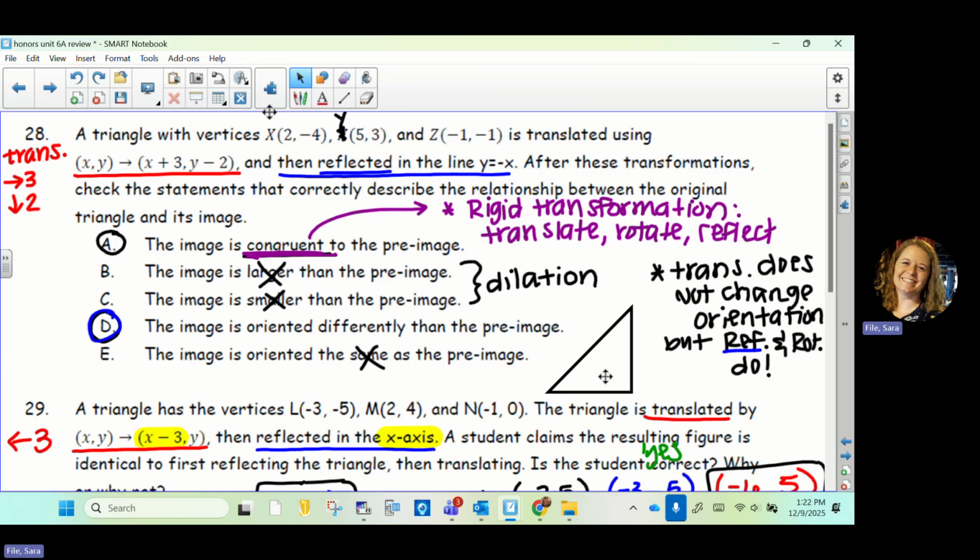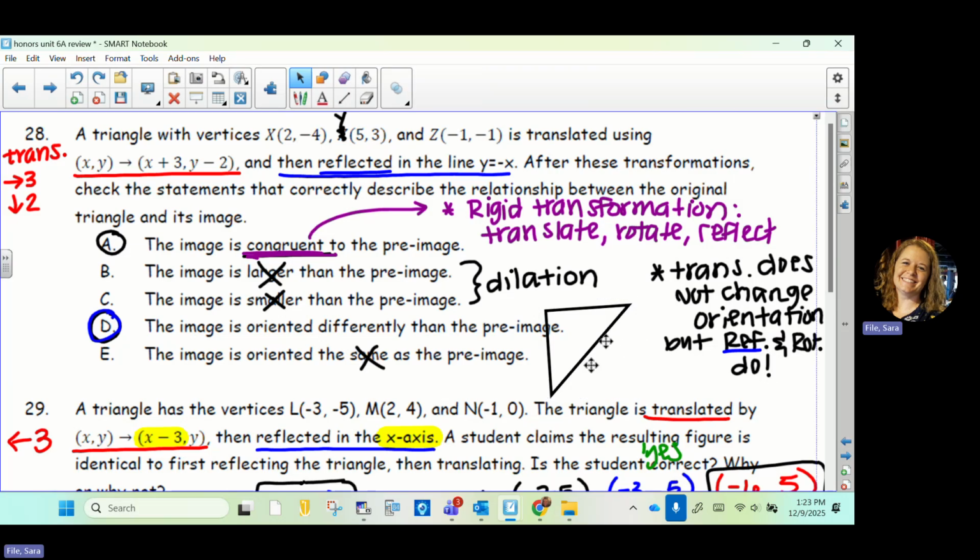So that's what we mean when we say the orientation changes. So it's going to have a different orientation if you make a reflection, or if you make a rotation. If I rotate something, the orientation changes, right? So translating does not change the orientation, but reflecting and rotating do.